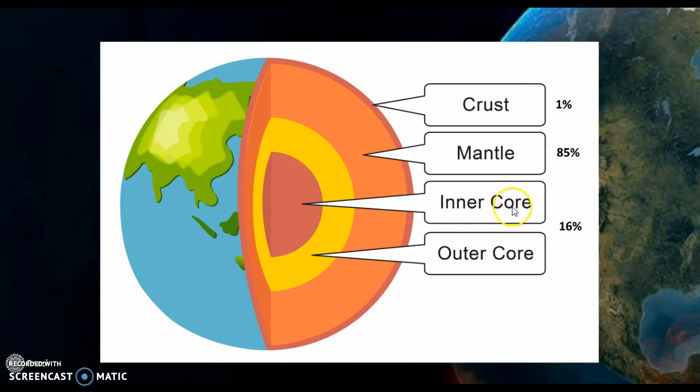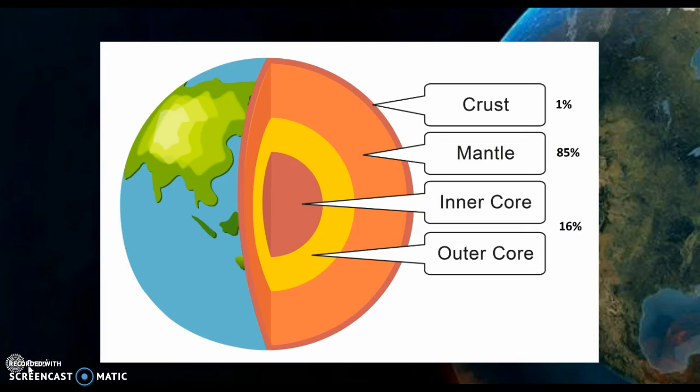Then we go to the deepest part of our planet, the inner core and the outer core. Both are the hottest part of the Earth. The outer core is liquid and the inner core is solid. Okay? Outer liquid, inner solid. So the deepest one is the inner core and it is solid, and both of them occupy 16% of the volume of the Earth.